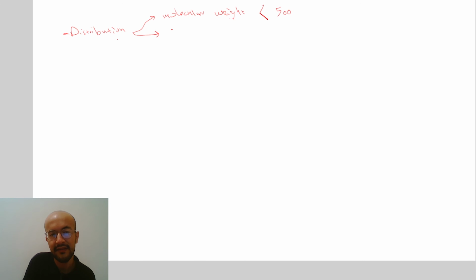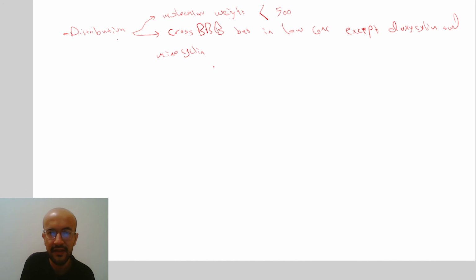They cross the blood-brain barrier, but in low concentrations, except for the doxycycline and the minocycline, which can achieve therapeutic levels in the cerebrospinal fluid.